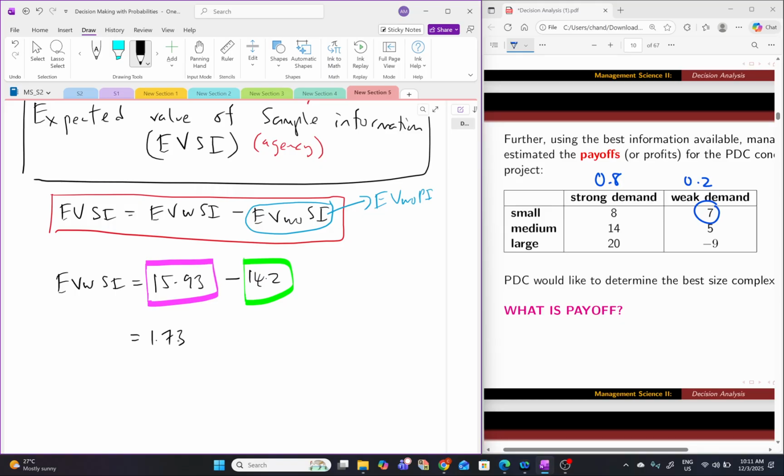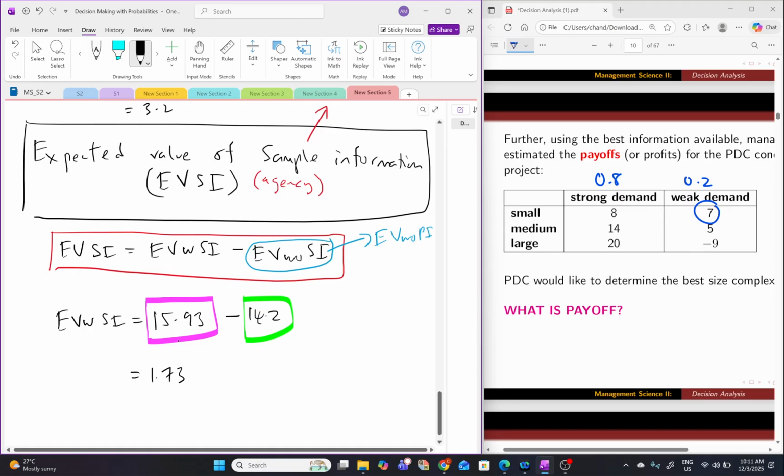Make sense? Logik tak? Sebab information ni daripada Johor saja. Yang tadi itu daripada satu Malaysia. Lagi berharga. Boleh faham? Begitu. So, sekarang untuk agensi ni yang buat market research ni, berapa maksimum you boleh bayar kalau dia buat market research, sample information ni? Berapa maksimum? 1.73 juta. Kalau ditanya lebih tu, this is where you negotiate with the agency.